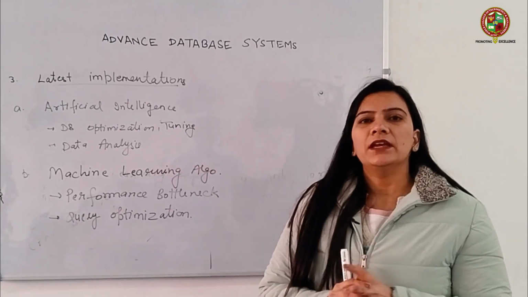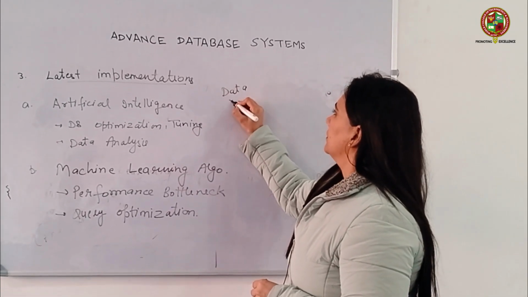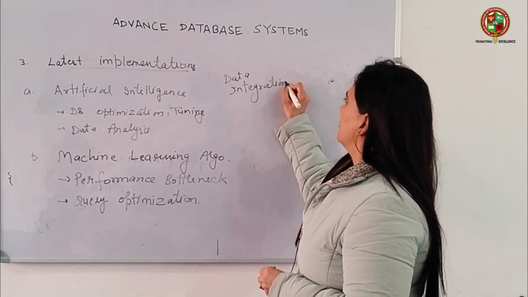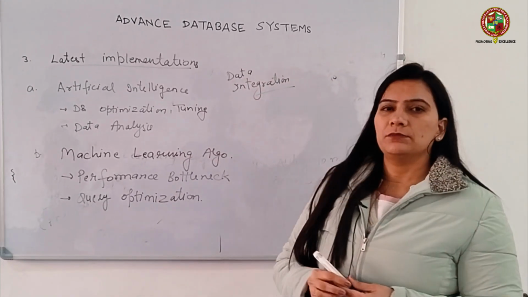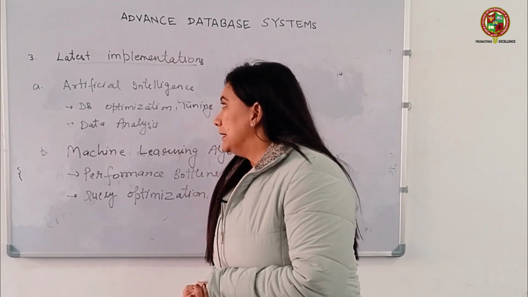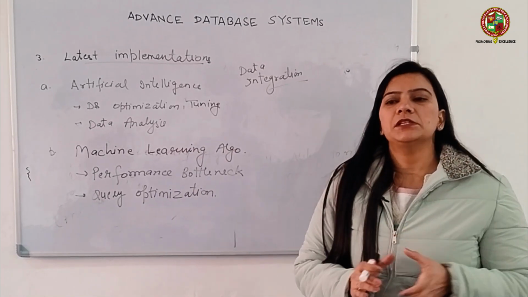As we have learnt, it has data integration capability, like we learnt at the beginning of the lecture, which means it can be integrated with different concepts as well. Like artificial intelligence: what exactly is artificial intelligence?